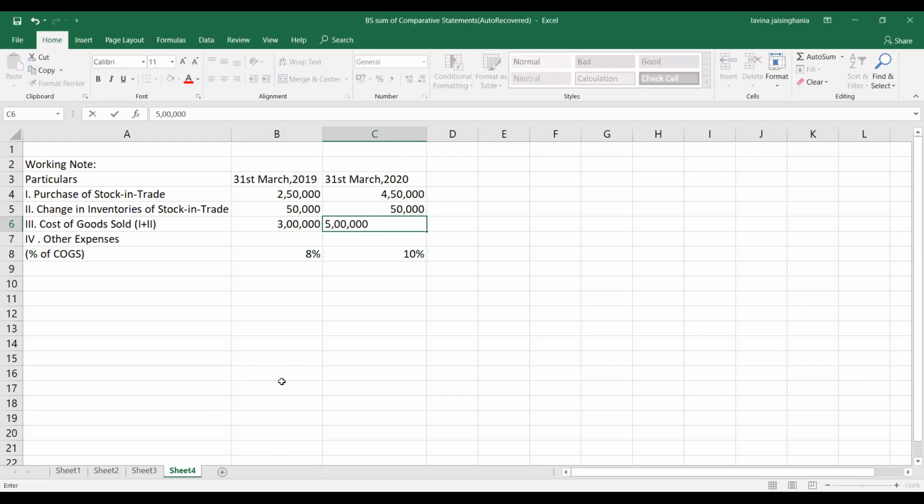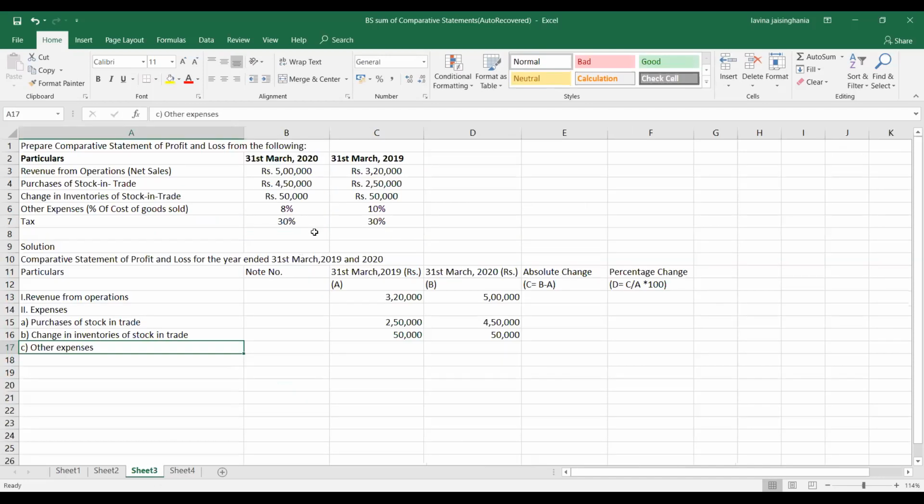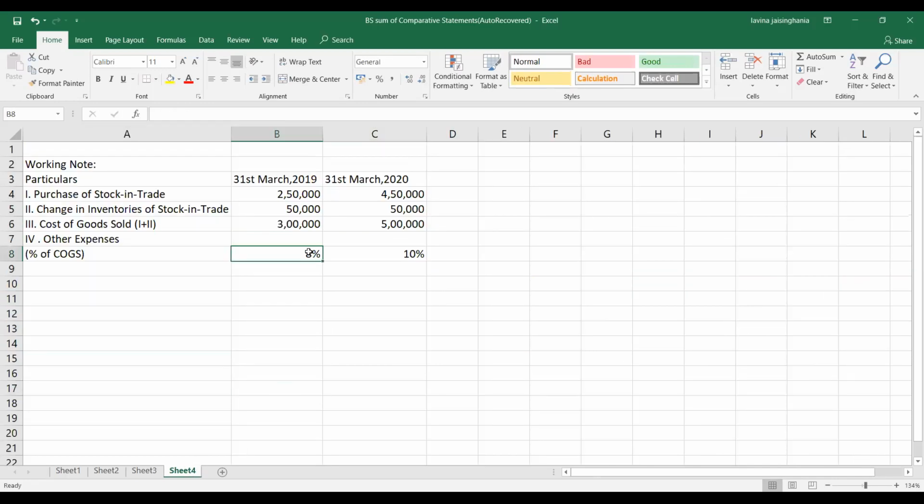Now what is given is percentage. We have found out cost of goods sold for both the years. Now let us see how much percentage it is saying. For 2019 it is saying 10%. I have written here incorrectly, I'll correct it. 10% here and 8% here. So 10% of cost of goods sold, which for 2019 is 3 lakh, will be 30,000.